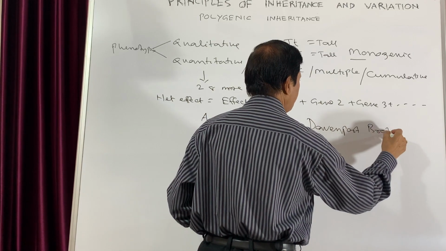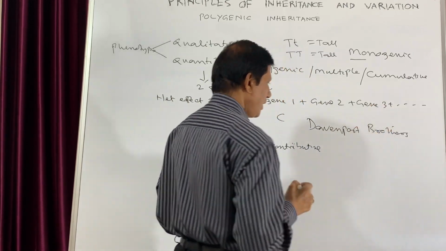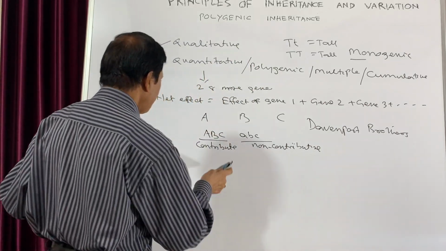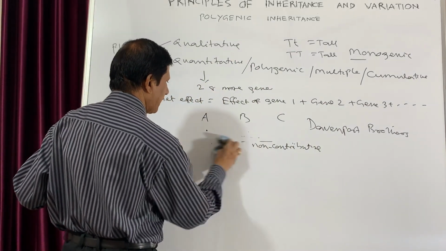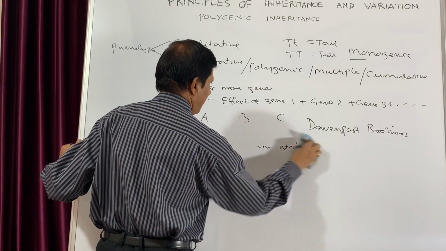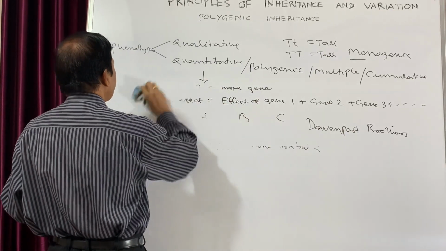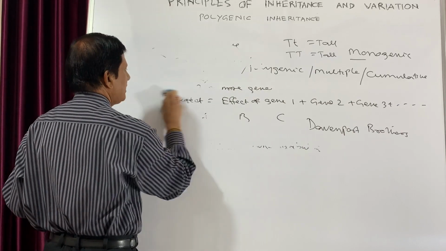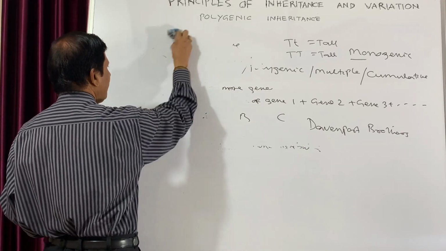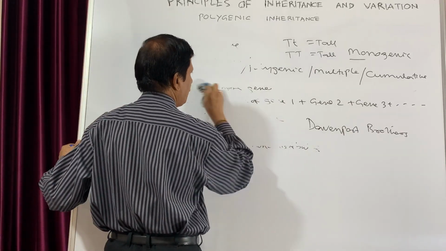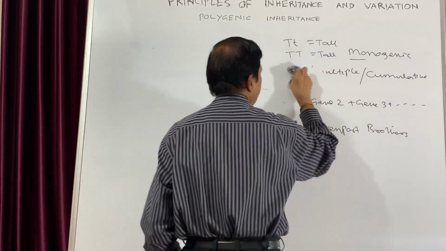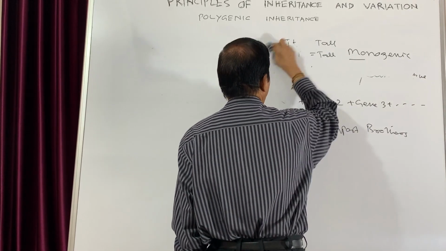In human skin color, there are different shades, different grades of colors. Human skin color is usually controlled by 3 genes, 6 alleles, and they are present in different chromosomes. And it is only the dominant genes that control the whole thing.